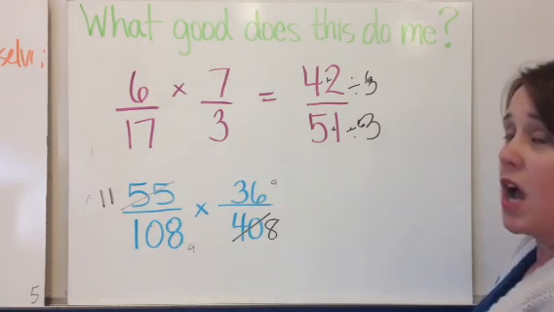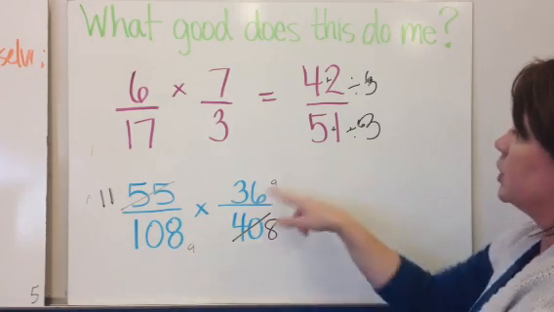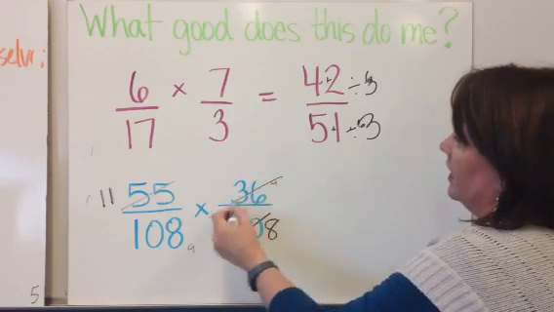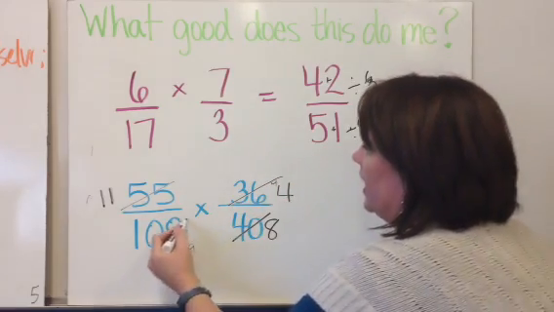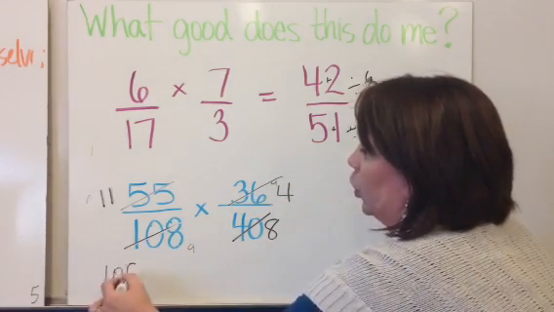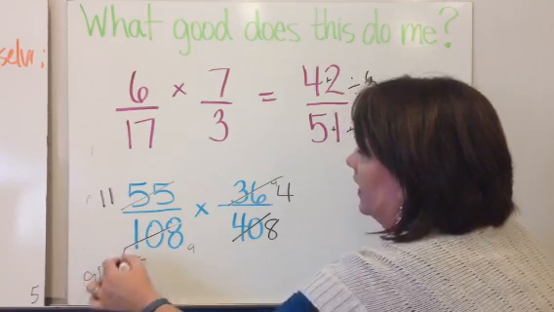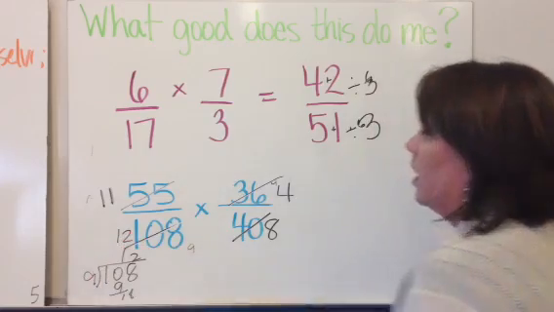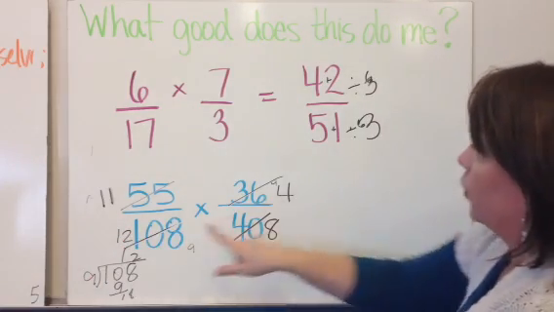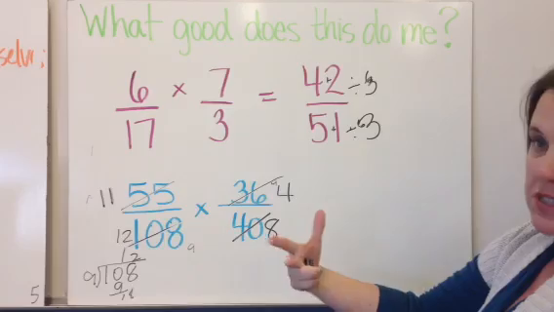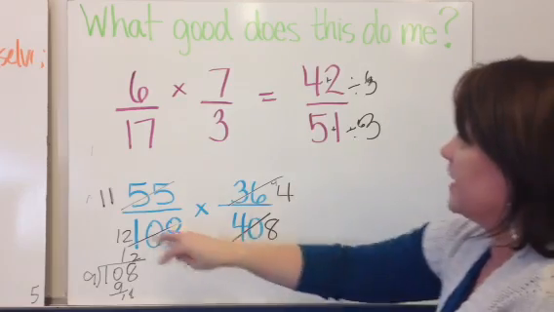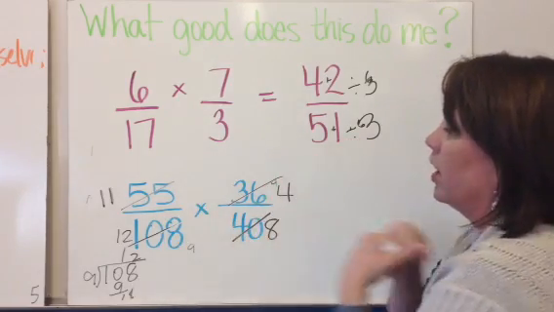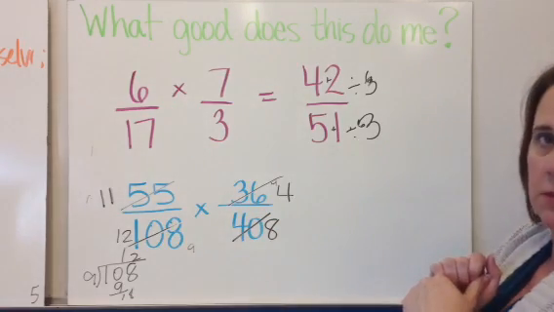So I know 9 will go into both of those. And so I can divide 36 by 9 and I get 4. And 108 divided by 9, I might have to work over here. And that's all right. And I see that it goes in 12 times. Well, I do notice that 4 and 12 can also be reduced again, but at least I've gotten myself down to smaller numbers using my divisibility rules.